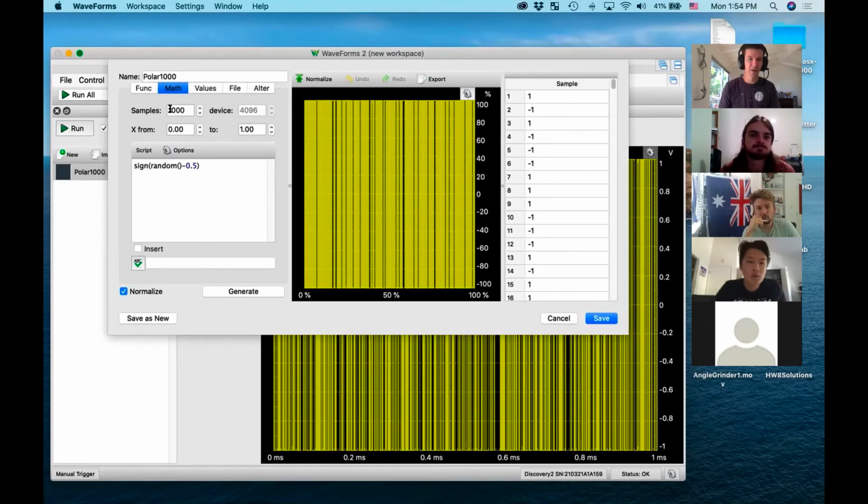And I'm doing this 1,000 times per period. So it's not a truly random signal because it does repeat itself over time. But I think it'll be random enough for us because all I really want to show is these 1 to -1 transitions. So this ought to be a nice square eye diagram.